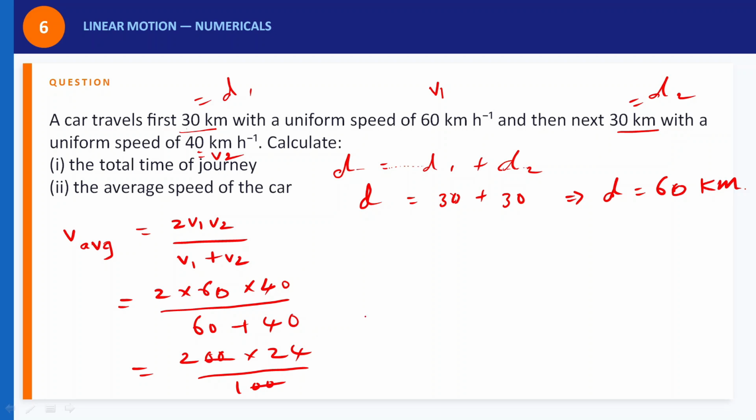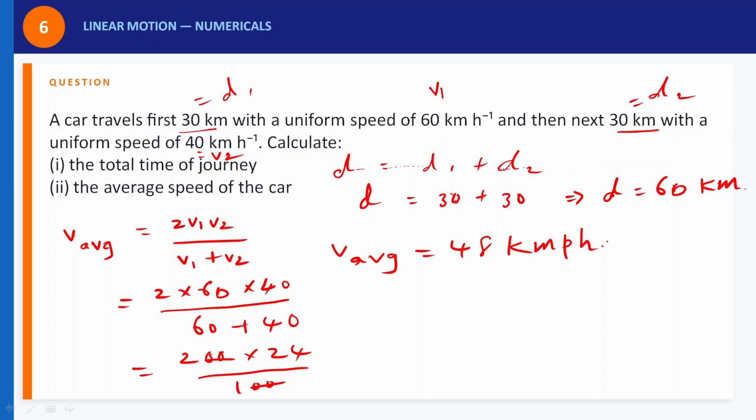Two zeros will get cancelled. So V average you will get here 48 kilometer per hour.